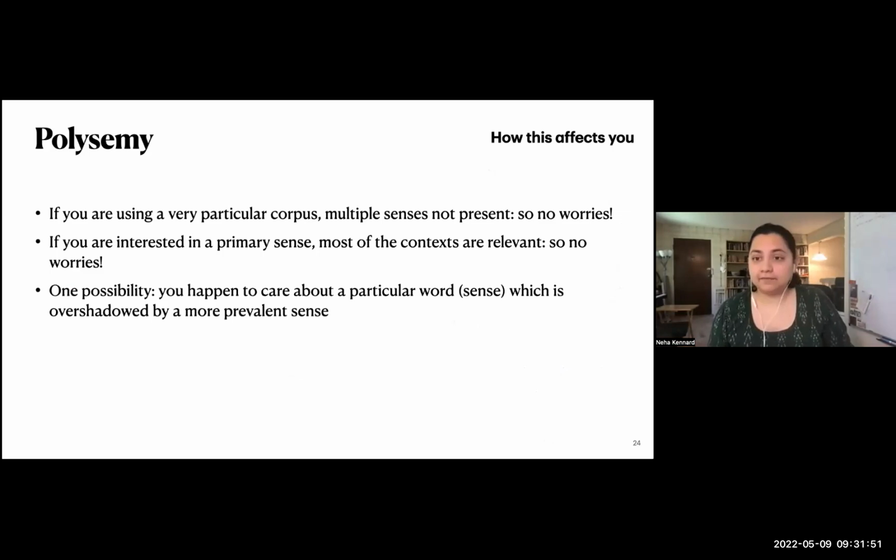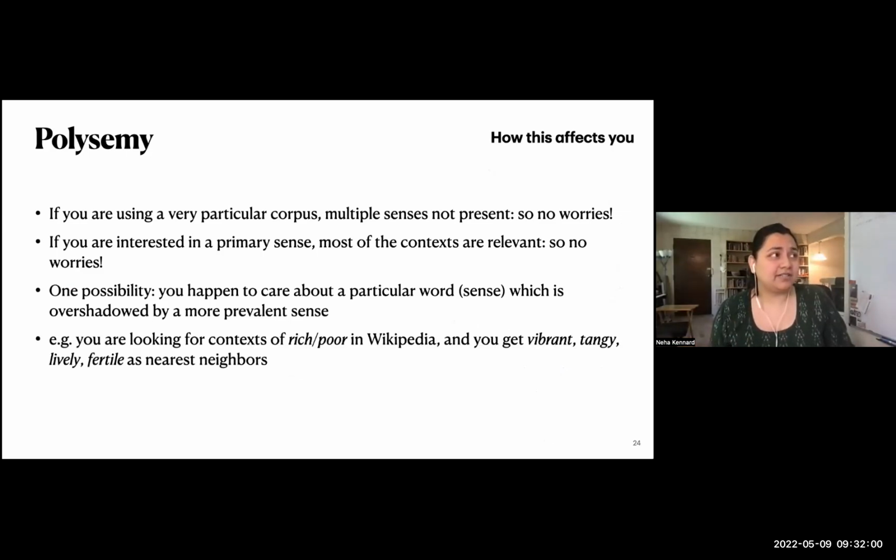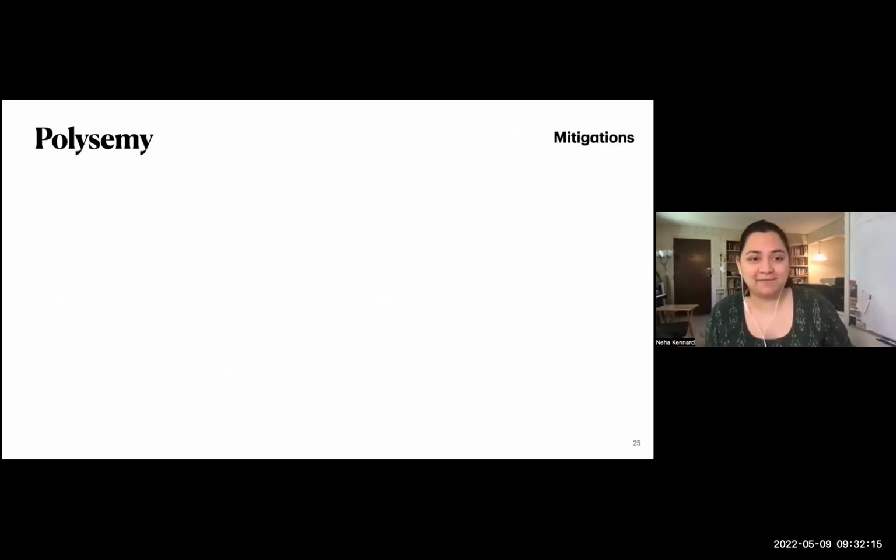But one thing that does happen is suppose you care about a sense that is overshadowed by a more prevalent sense. Earlier I was trying to make vectors and look at rich versus poor in Wikipedia, but when I looked at the nearest neighbors of rich, I was getting vibrant, tangy, lively, fertile, which was really weird and not what I wanted. So yeah, don't panic if this happens to you.